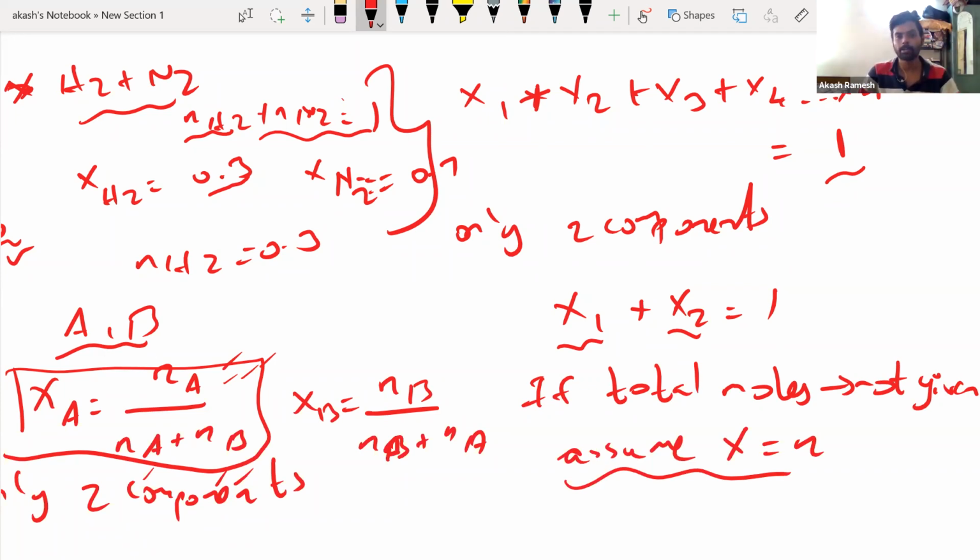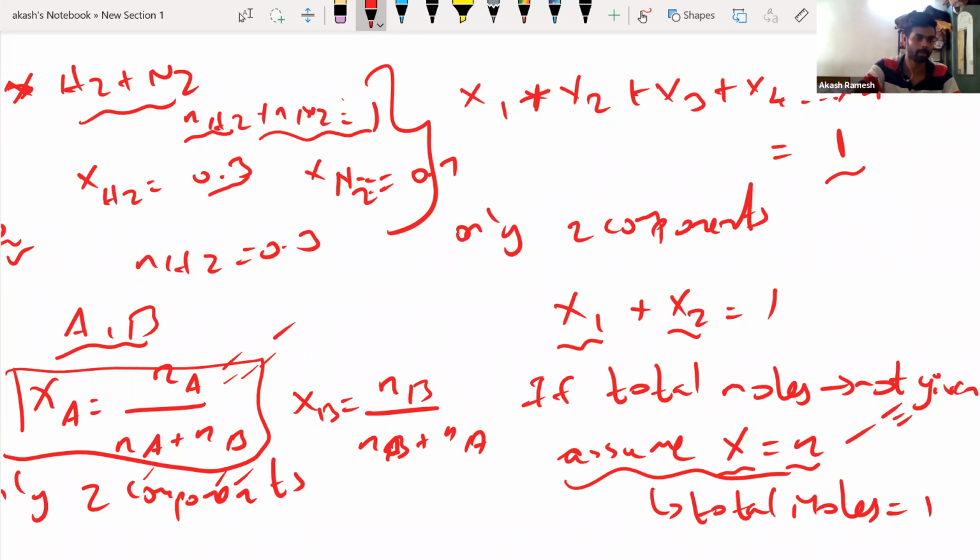If only mole fraction is given, you can assume the mole fraction to be equal to number of moles, assuming that the total moles is 1. You'll eventually get that the mole fraction can be equated to the number of moles directly. But this has to be done only if total mole is not given. If total number of moles is given, then you have to use the formula.